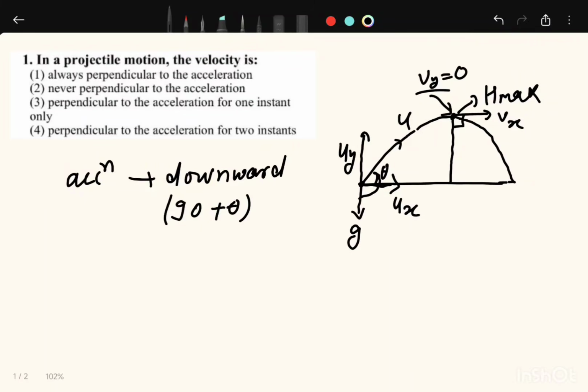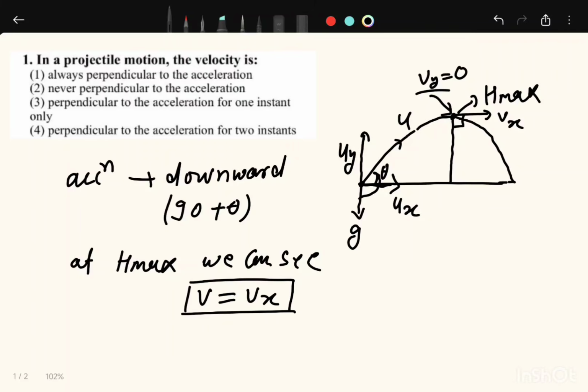So at the H max point, velocity will be equal to only vx, and at this point the gravitational acceleration will also be in the downward direction, and the acceleration in the x direction is always 0. So ax is 0 and ay is minus g. So here we can see that the gravitational acceleration is making a 90-degree angle with vx.